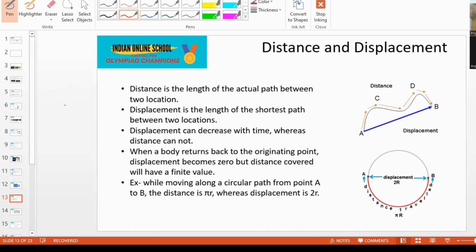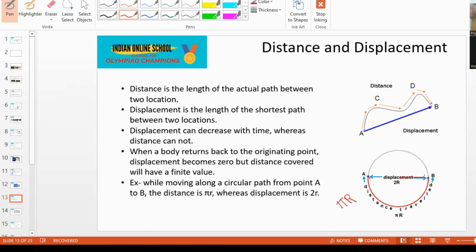So for curved surfaces, you can see a circle here. Suppose the distance traveled is from A to B in a curved way. How can we calculate the distance of a curved path? We have to calculate pi r, where r is the radius.